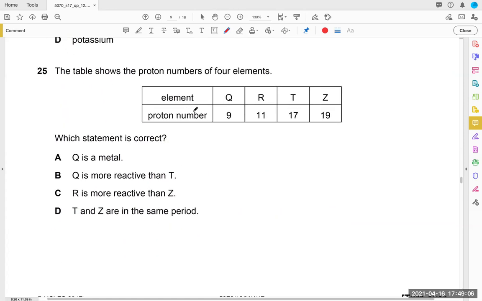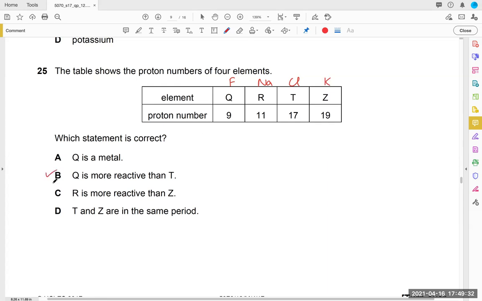The table shows the proton number of 4 elements. Which statement is correct about them? Let's see. Q is a metal? Actually, Q is fluorine. It cannot be a metal. R is a metal because it is sodium. T is chlorine. Z is potassium. So let's see. Q is more reactive than T. That is true.